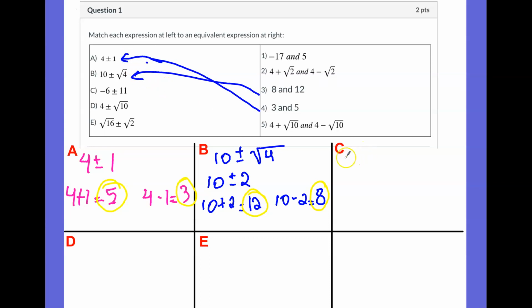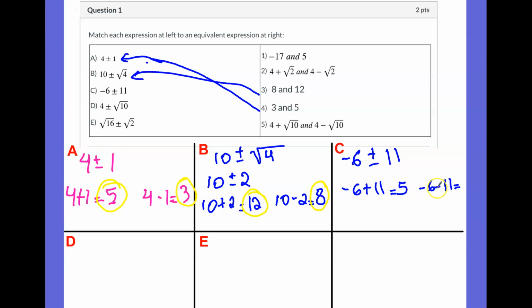So C is negative 6 plus minus 11. So I can have negative 6 plus 11 and negative 6 minus 11. Okay? So negative 6 plus 11 is positive 5.